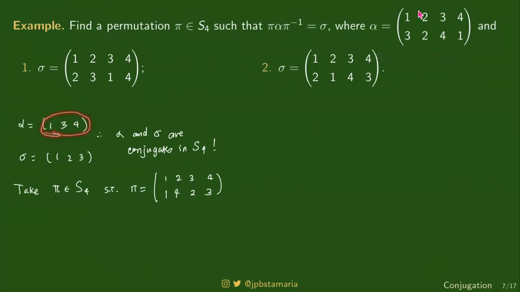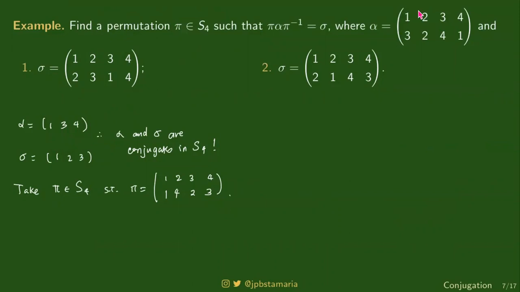Ay, pwede rin isulat ng 341. Do you remember that? Right? So, another way to find a pi is to have a pi that sends 3 to 1, 4 to 2, and 1 to 3. Eh, pwede mong yun ang i-require sa pi. So, in other words, hindi talaga isa lang yung pi na possible. That's the thing about it, no? Hindi unique yung pi in general.